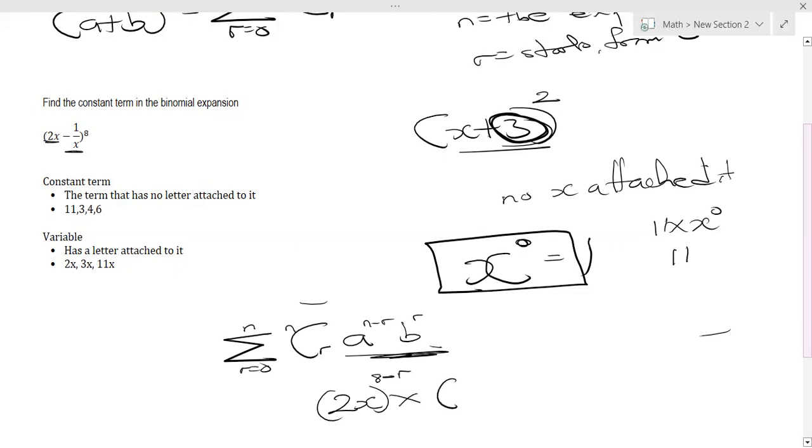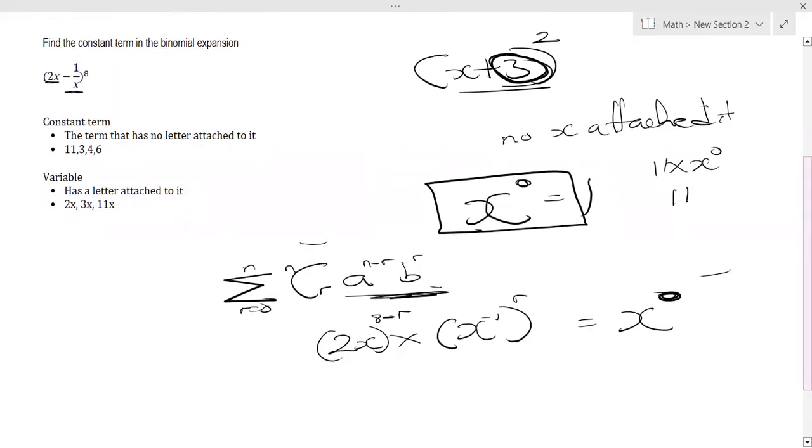Now, 1 over x is the same thing as x raised to power minus 1, so we have x raised to power minus 1, all raised to r. We want the power of x to be equal to 0. The rest, like the 8Cr, is still here, but let's focus our attention on finding a situation where the power of x is 0.